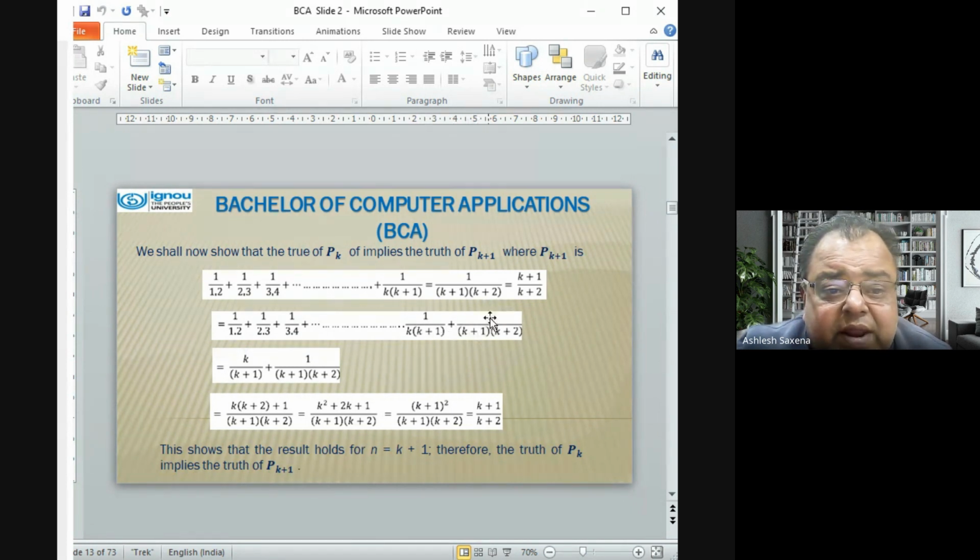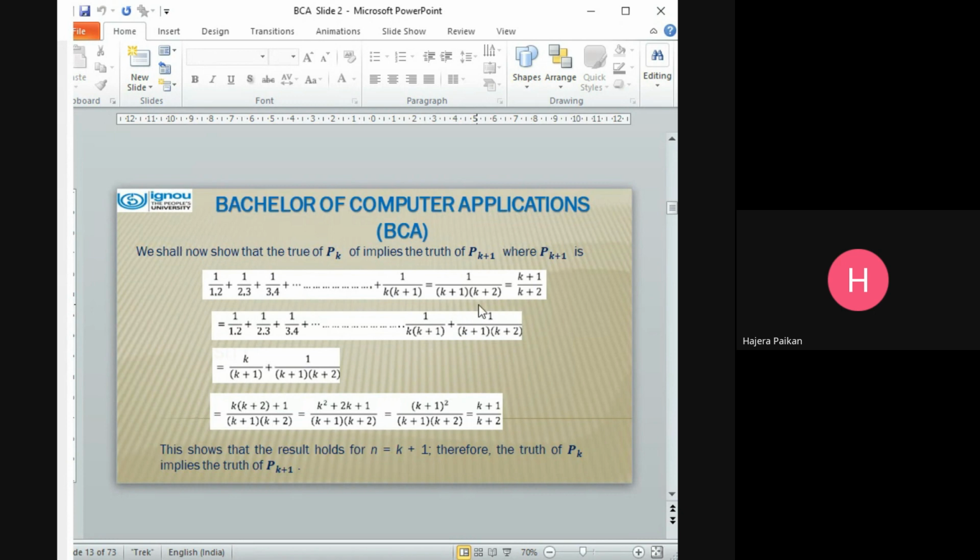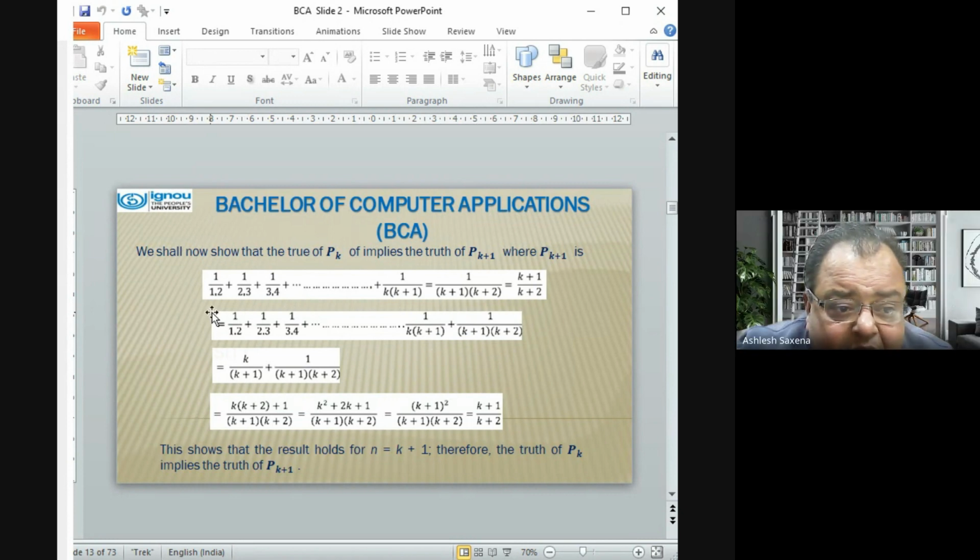So we are adding 1 upon, replacing this k by k plus 1 and this k by k plus 1. So this will become k plus 2. Now we have the value of this part, that is k upon k plus 1, so we will be adding this. Now this becomes what is over here.